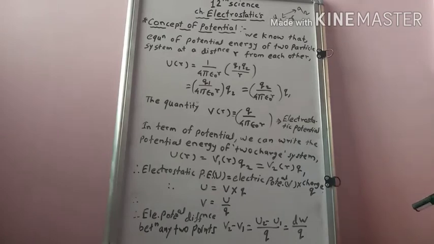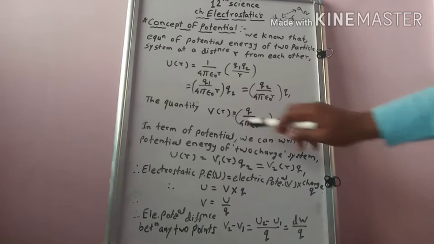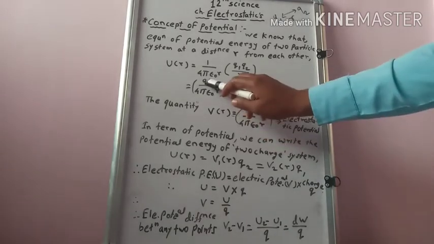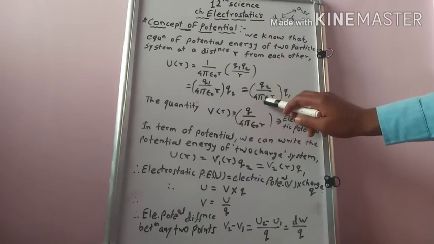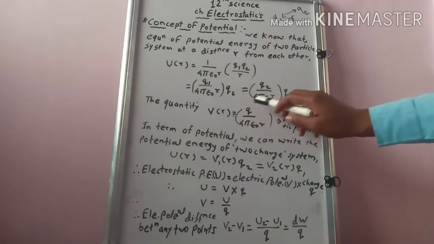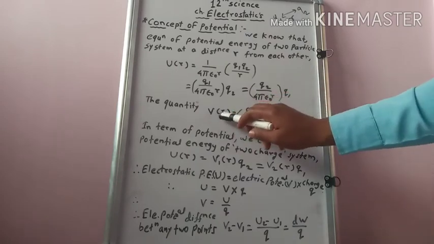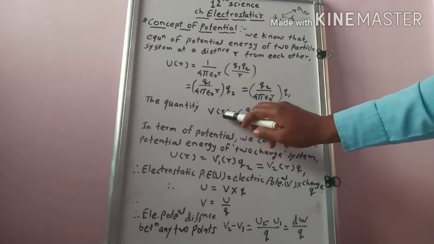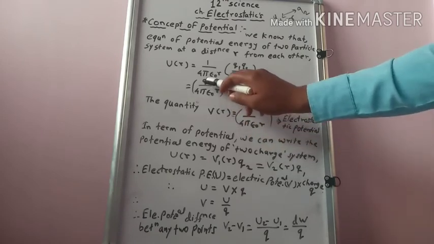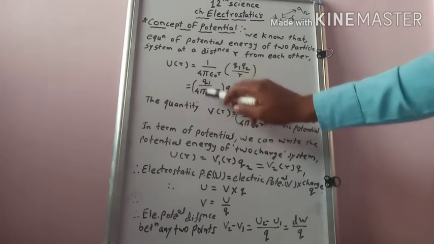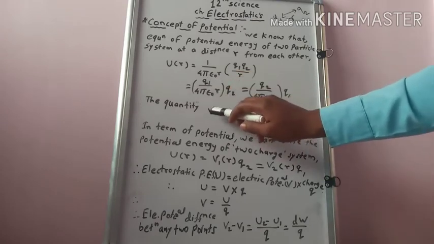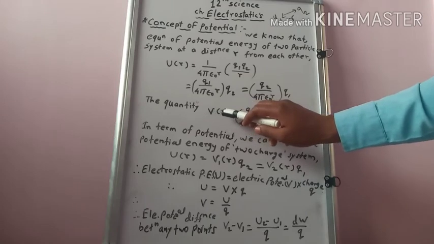In terms of potential, we put q1 upon 4 pi epsilon naught r or q2 upon 4 pi epsilon naught r equal to V of r. Therefore, we can write q1 upon 4 pi epsilon naught r as V1 of r.